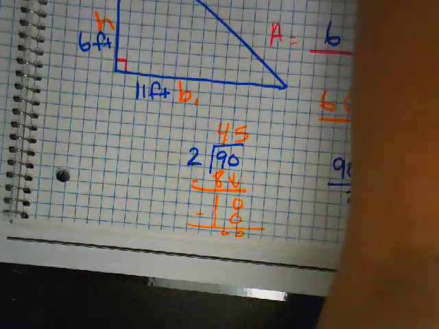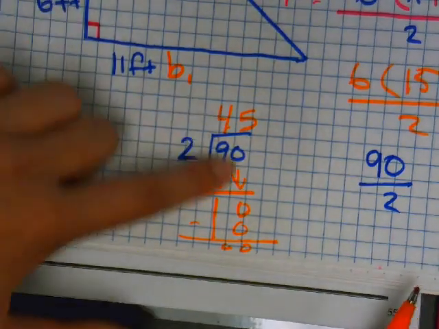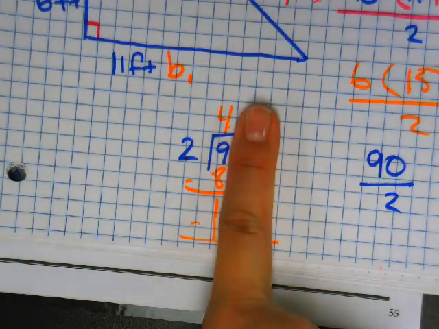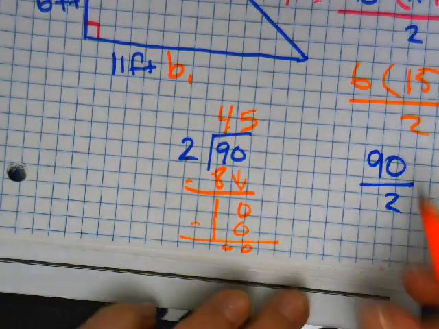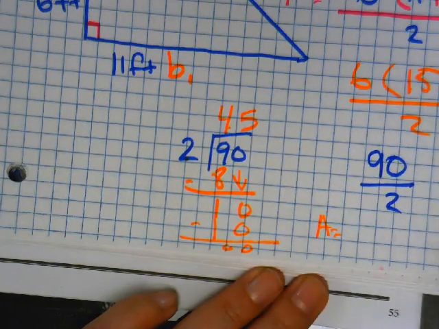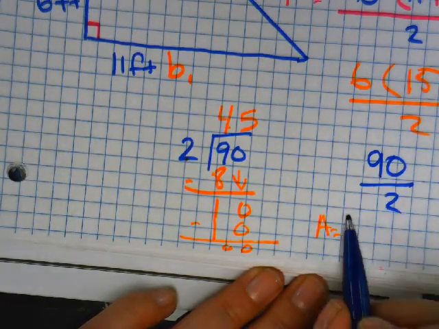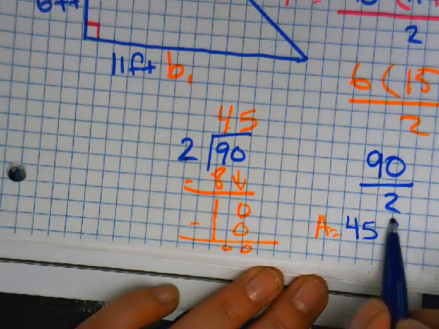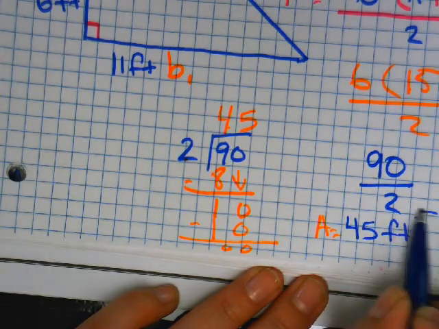Others of you, we have to practice doing the long division, taking one number at a time, right? How many times does 2 go into 9? 4. You show the work. Long division only gets easier the more you practice. It's not going to magically become better. 45. What are my units? Feet squared. Very good.